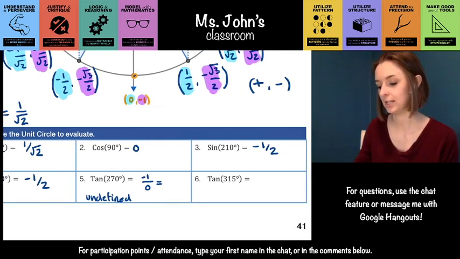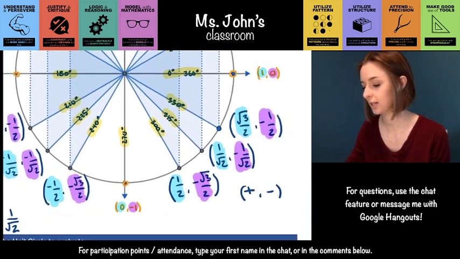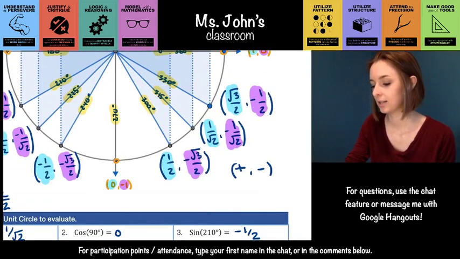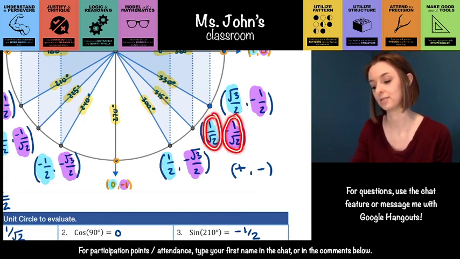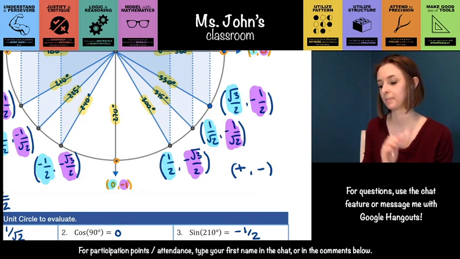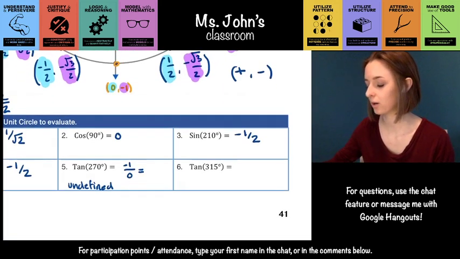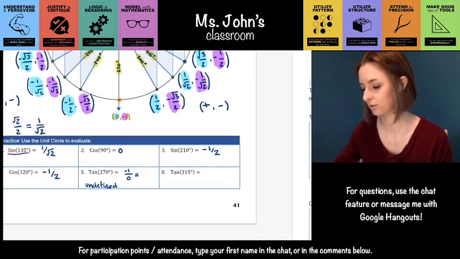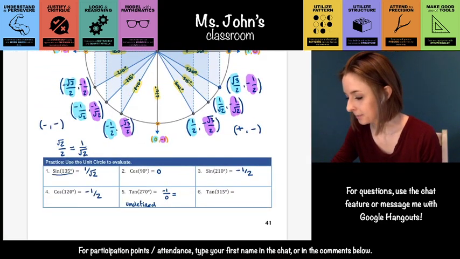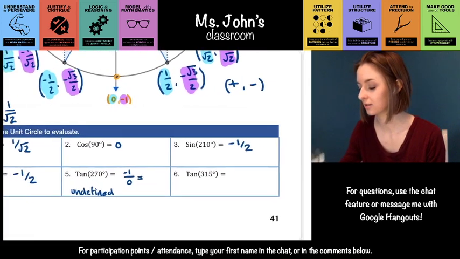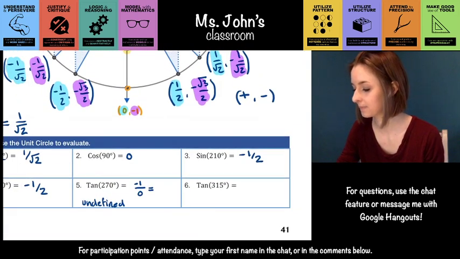Tangent of 315. Tangent of 315 is going to have to be the y value over the x value. But here's the thing, I don't want you to get freaked out by having to divide those two things. Essentially, I'm going to write it down below because there's not enough space.